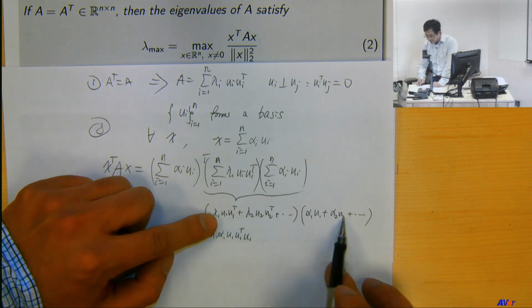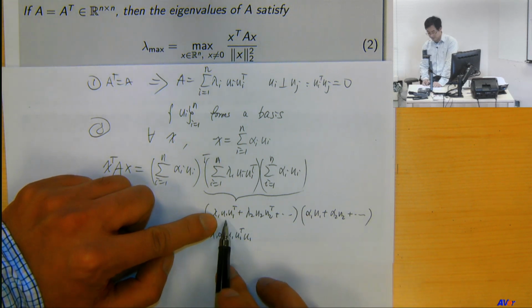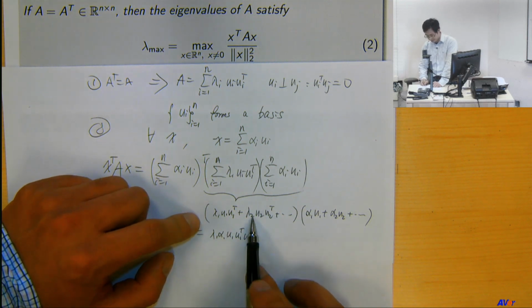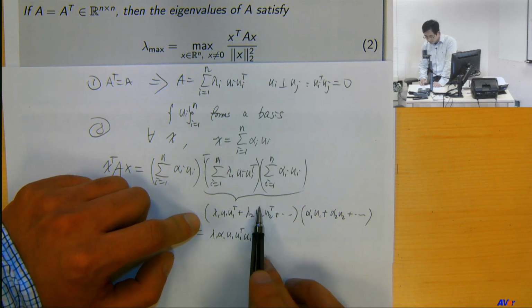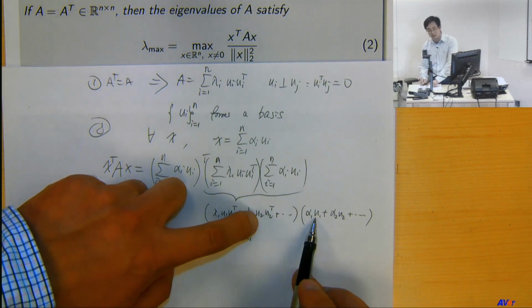So for all the terms that come next, because these vectors are orthogonal to this one, it's going to be all 0. Similarly, for the second term in the first bracket, u2 is orthogonal to u1, so the first term is going to be 0.